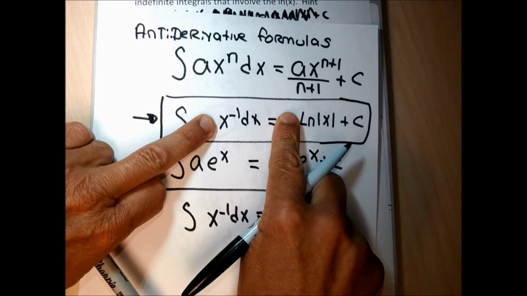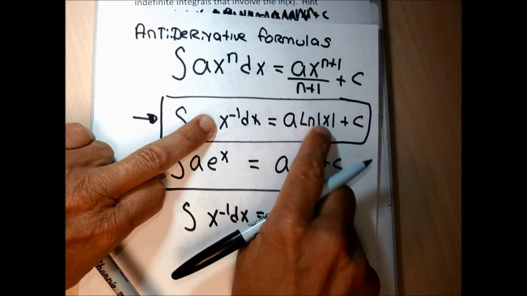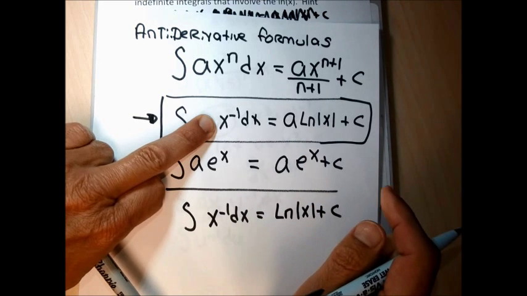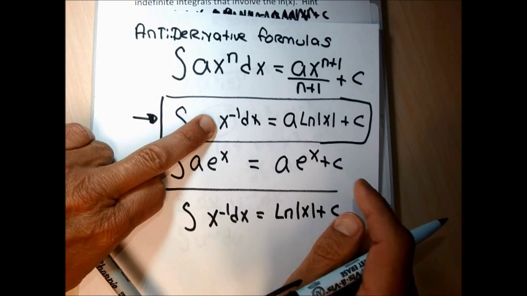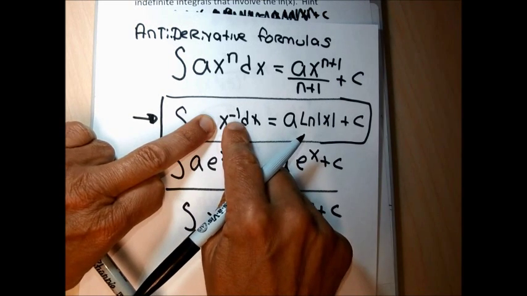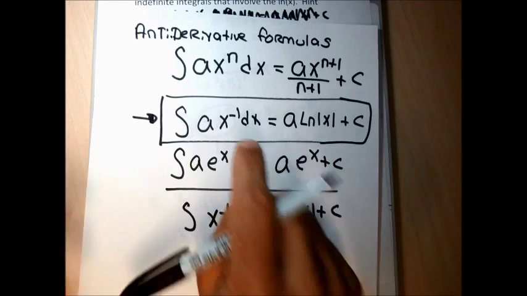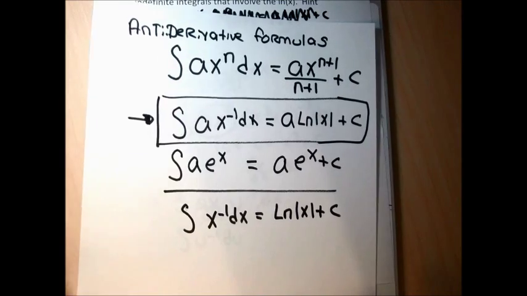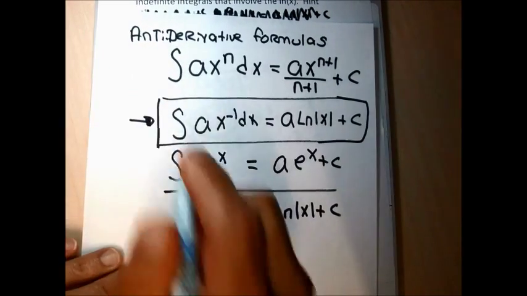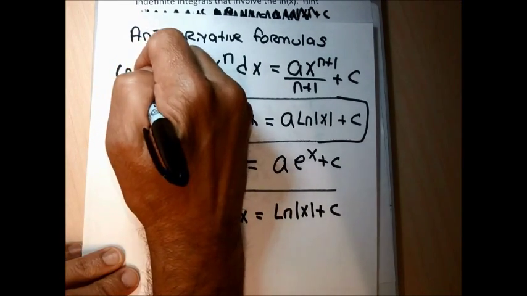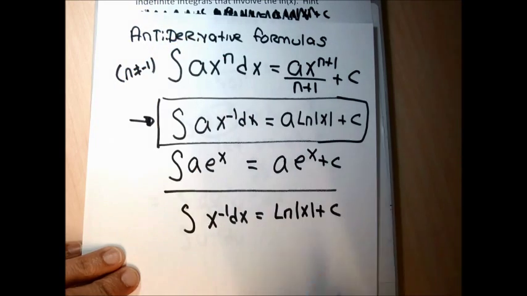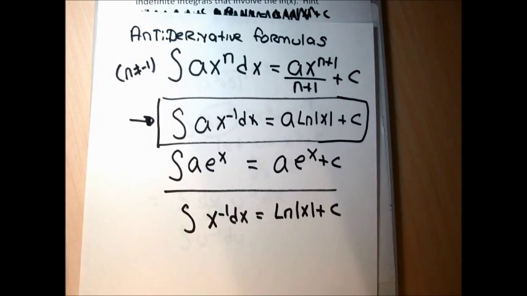The integration of x to the -1 dx turns into a natural log, because you can't add 1 to the exponent and divide by the new exponent. If you added 1 to the exponent, -1 plus 1 is 0, and then you'd have to divide by 0, so you can't use this rule. This rule doesn't work when n equals -1, because then you get to divide by 0.